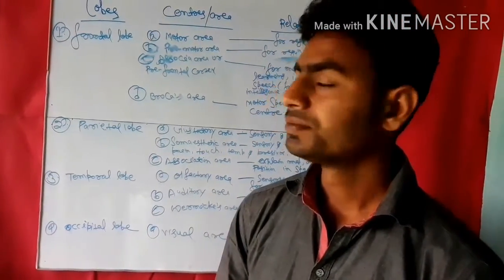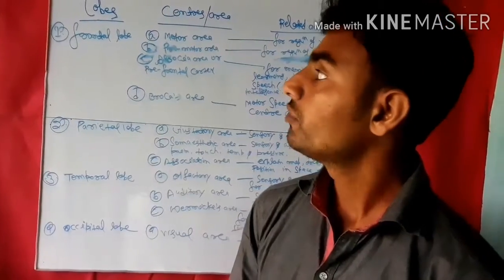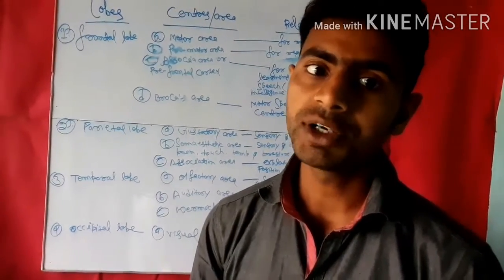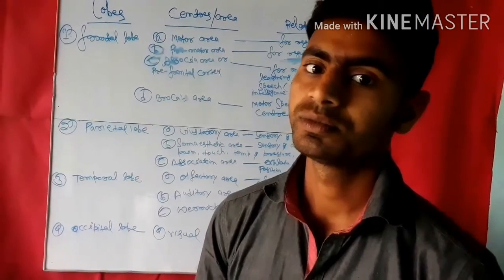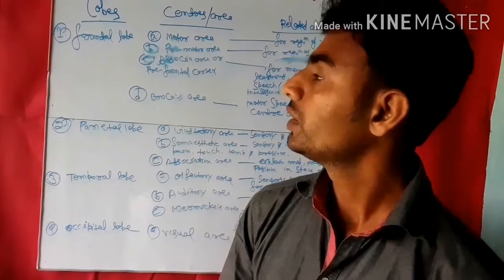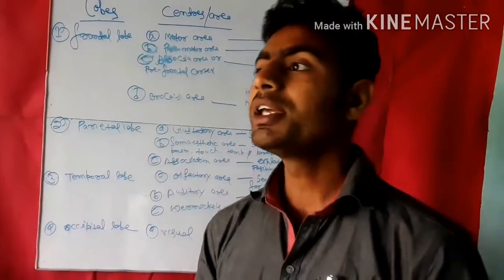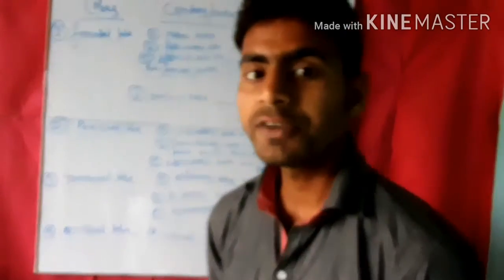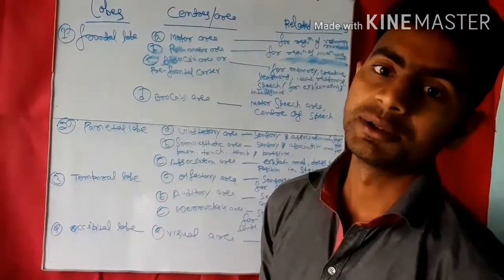First is the frontal lobe, and in the frontal lobe you are seeing four centers, this means four areas are present. First is the motor area.